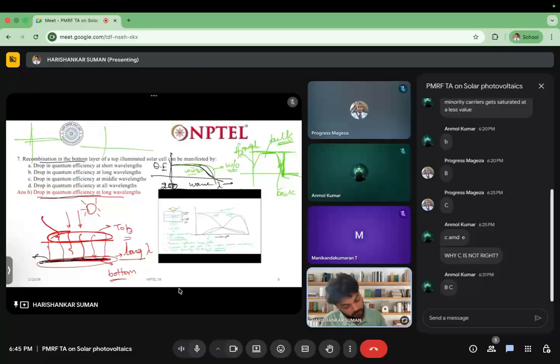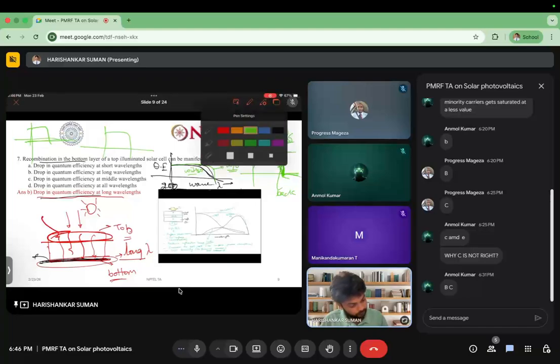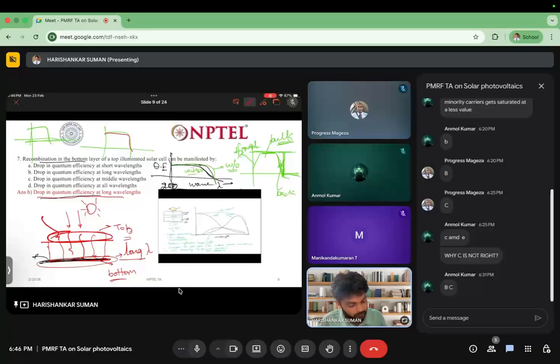Let's say I give you two curves, one like this and the other more square like that. So this is the bottom side losses as compared to this.